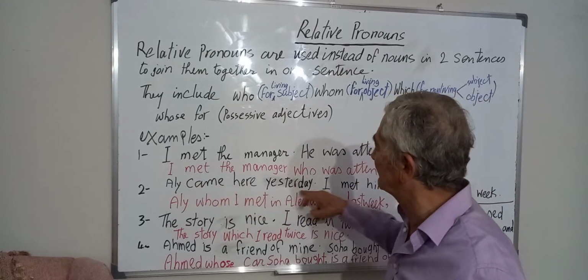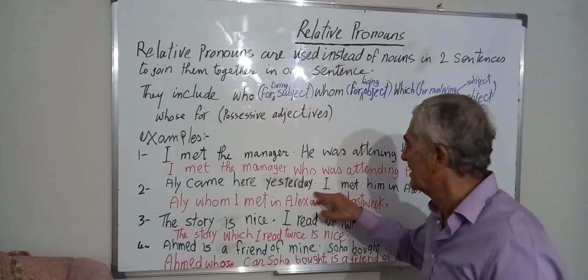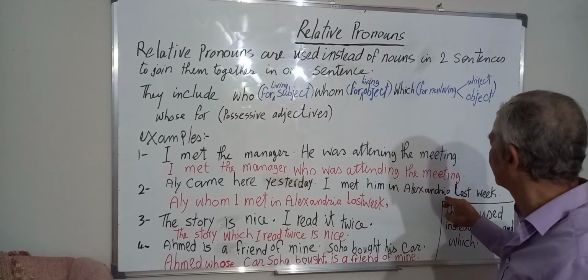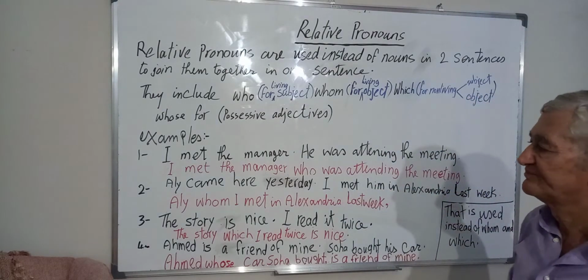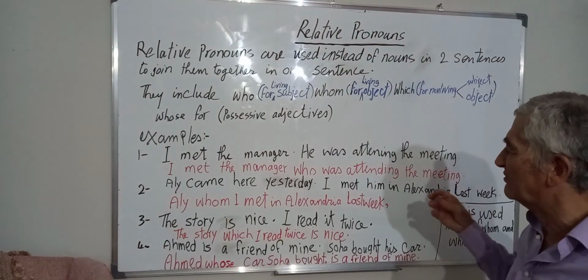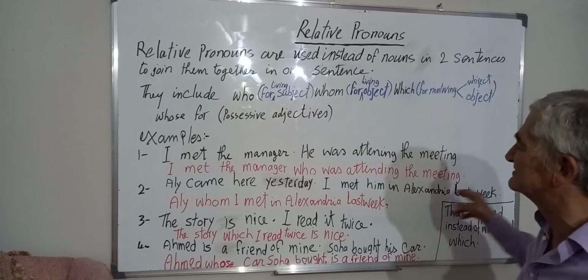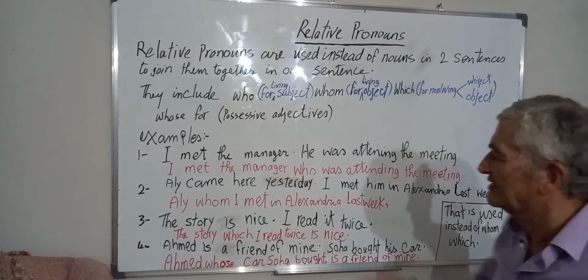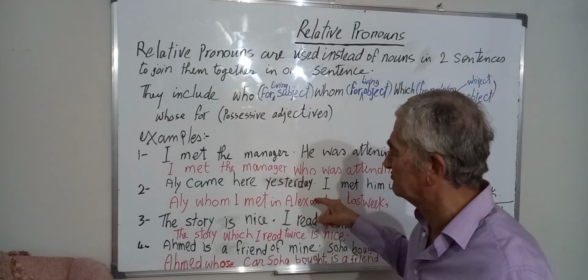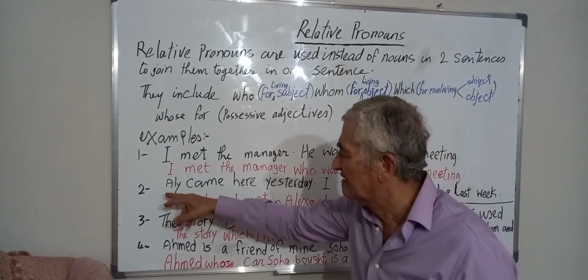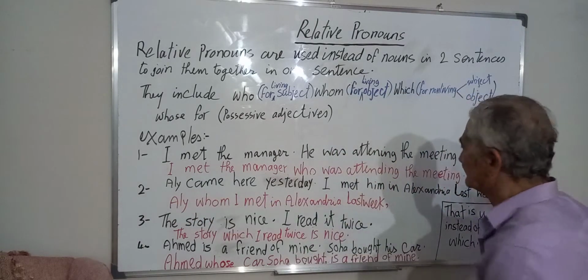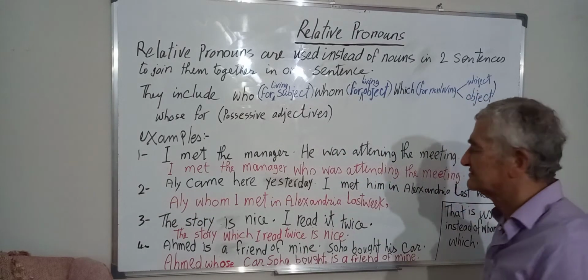Ali came here yesterday. I met him in Alexandria last week. Okay? What is the repeated noun or pronoun in the second sentence? The original subject here is Ali, which has nothing to do with the second sentence.